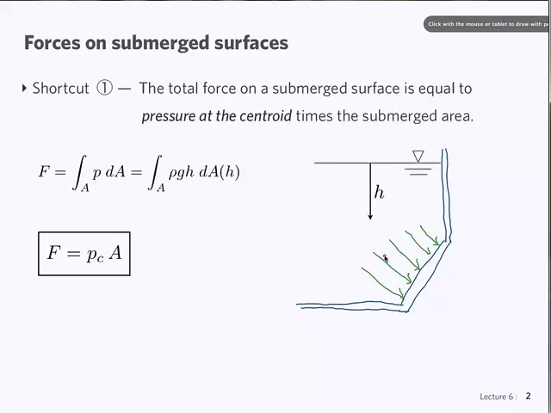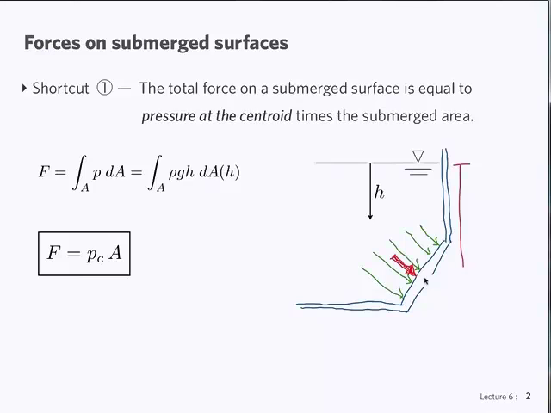Say the resultant would be some force acting on some point here. And this resultant force we can calculate by using the pressure at the centroid multiplied by the area. So the pressure at the centroid is, of course, let me see. No, let me be more clear here.